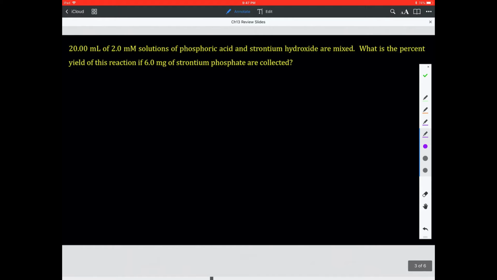This one says that I have 20 mils of 2.0 millimolar solutions, plural, of phosphoric acid and strontium hydroxide, and they are mixed. So, what do I know I have to do before I do anything else? Right, let's start with the reaction. So I have phosphoric acid, and since I have a concentration of each of these, I know it's aqueous, right?